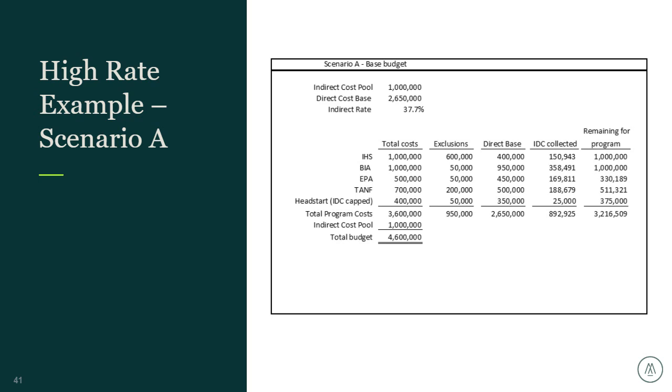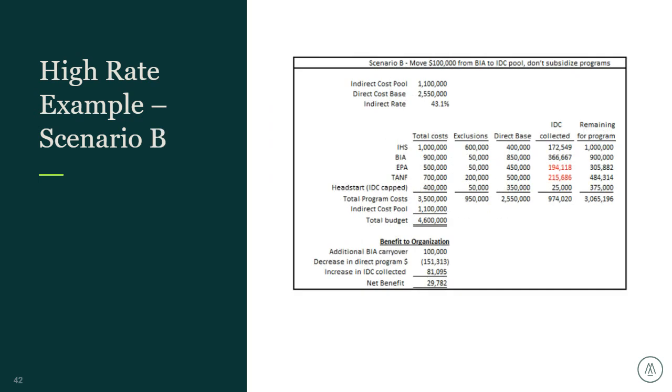Okay, so let's look into the next scenario to use a higher indirect cost rate. Let's consider in this case that we will have an indirect cost rate of 43%, and we will move $100,000 from BIA, which is under 638, to the indirect cost pool that could be added and be carried over in subsequent years.